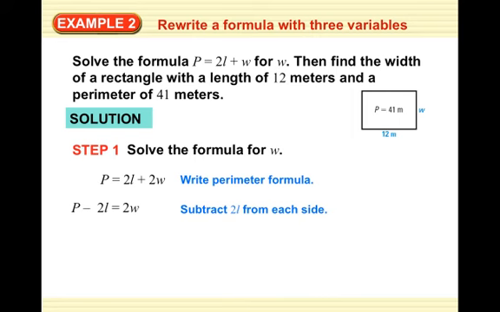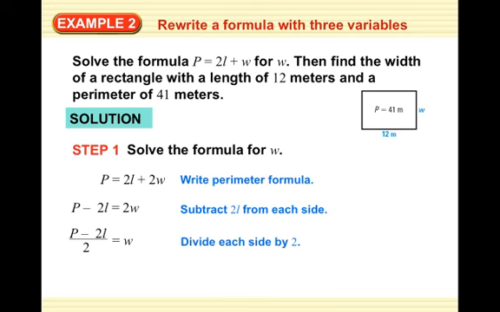So now we've got 2 times W. To solve for W, we're going to divide by 2 on both sides. So on the left, we're just going to have to write that as P minus 2L all over 2 because we're dividing that whole side by 2 equals W. Because when we do 2W divided by 2, the 2's will cancel and we're just left with W. So yay, we're done with the first part, we solved for W.